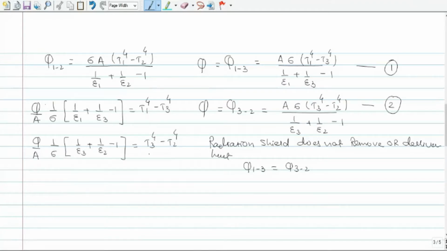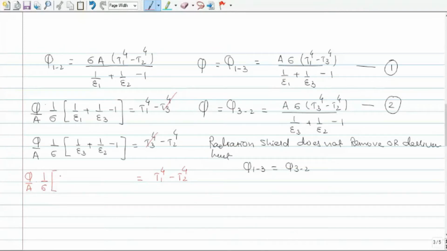Now I'm doing the addition of these two expressions. So T3 is cancelled out, and finally what I get is T1 to the power 4 minus T2 to the power 4. Here Q by A is common, into 1 upon sigma is common.